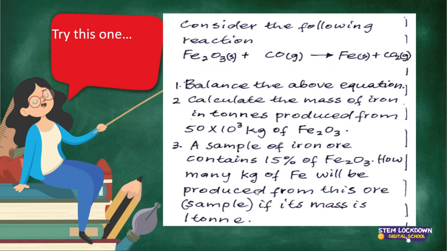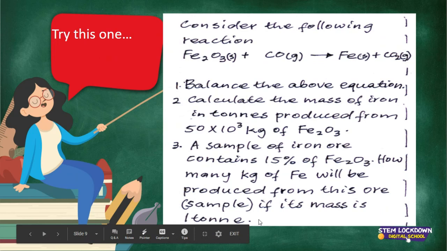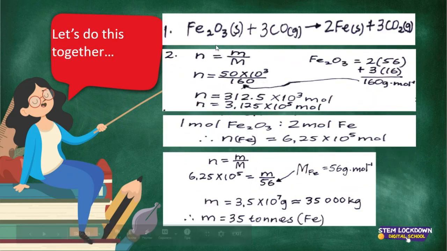So let's start off by trying to balance this equation. You have iron oxide plus 3 carbon monoxide, giving you 2 iron atoms plus 3 carbon dioxide molecules.